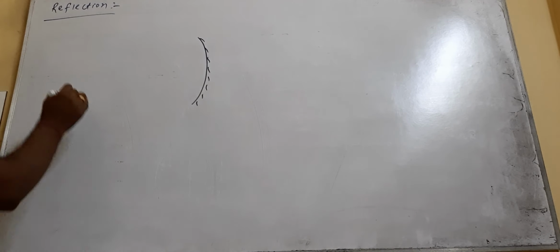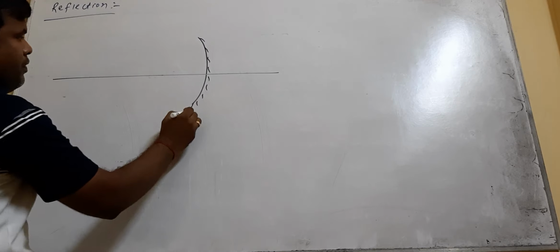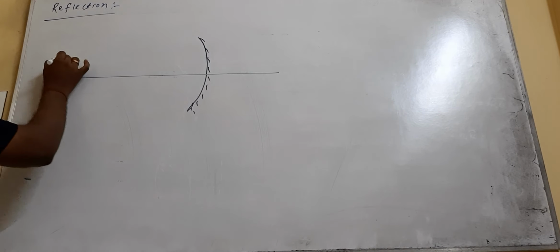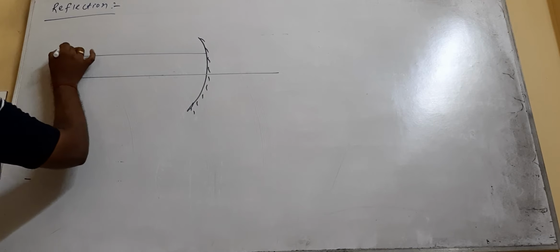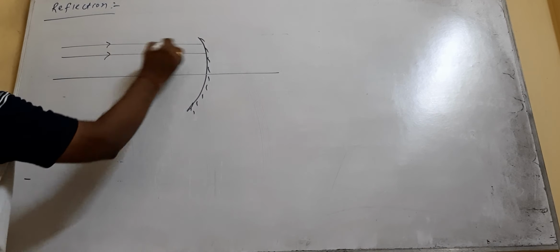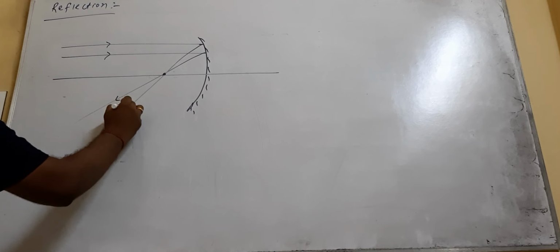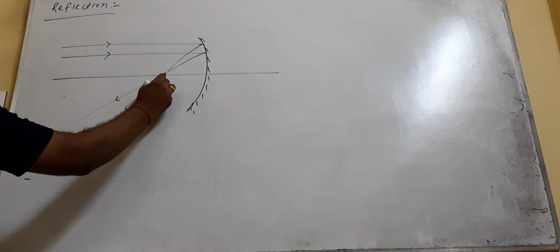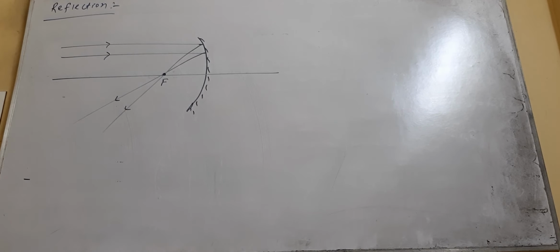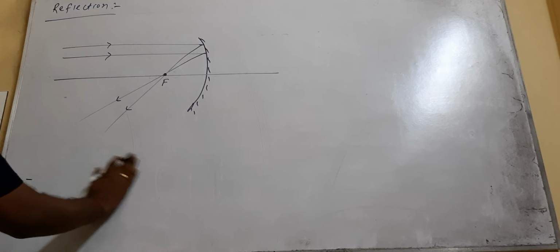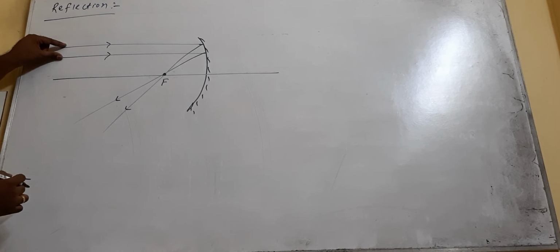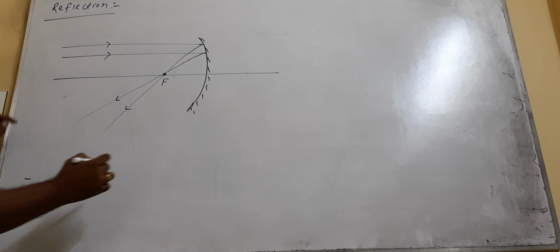It is a concave mirror. If the rays come parallel to the principal axis, after reflection, they meet each other on the principal axis. That point is called the principal focus. But here the rays are parallel to each other and also parallel to the principal axis.